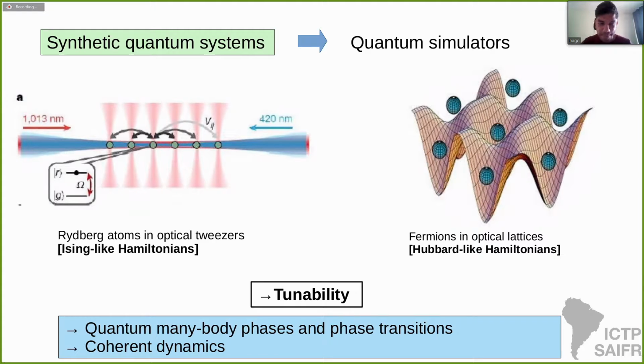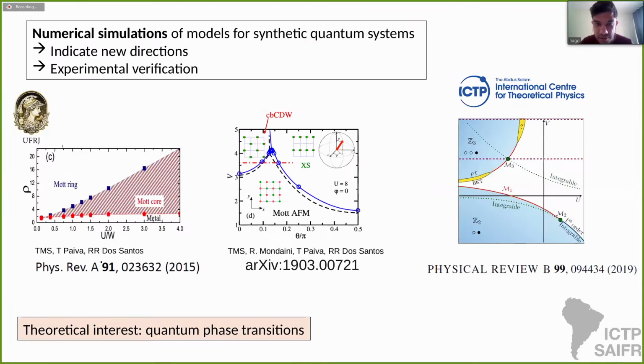Just to give an idea, one of the works that I've been doing since my PhD here in Brazil, UFRJ, is to use numerical simulations like quantum Monte Carlo or even exact diagonalization to solve models for synthetic quantum systems.